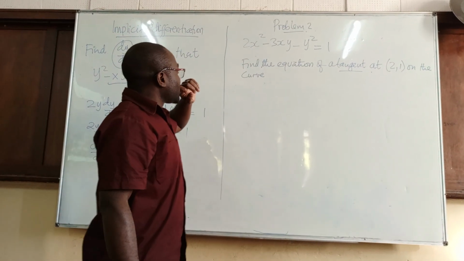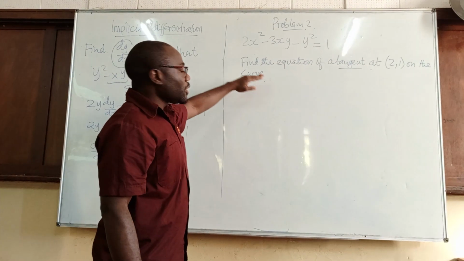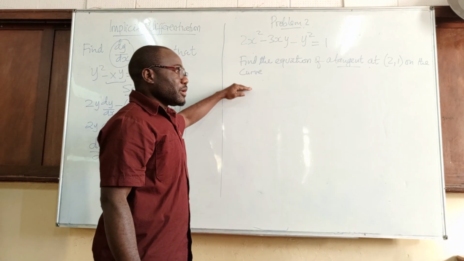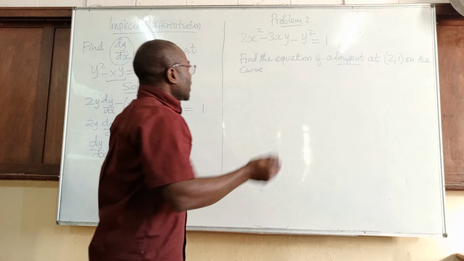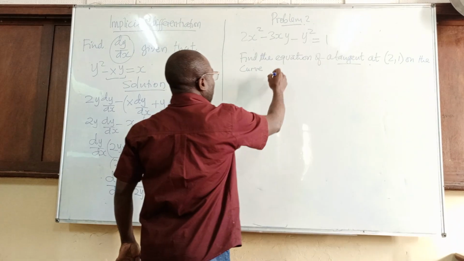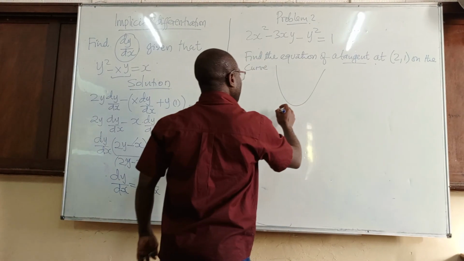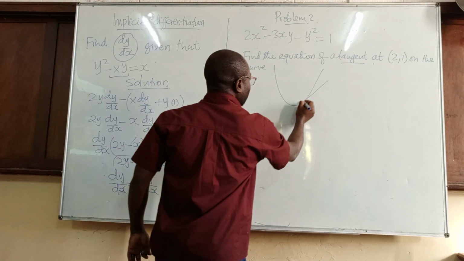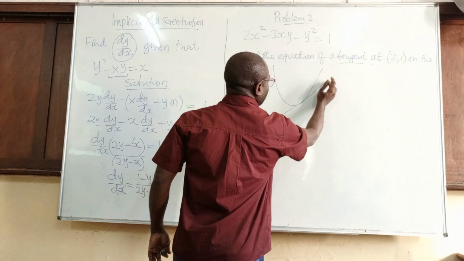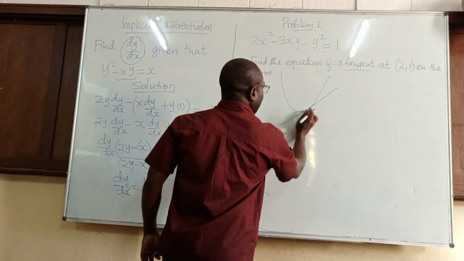So what is the problem? The problem is to find the equation of a tangent at a point on a curve. A tangent at a point on a curve is given by, first of all, what you should remember is that if this is a curve and then you draw any straight line at a given point, this line should just touch the curve and it should not go inside the curve.